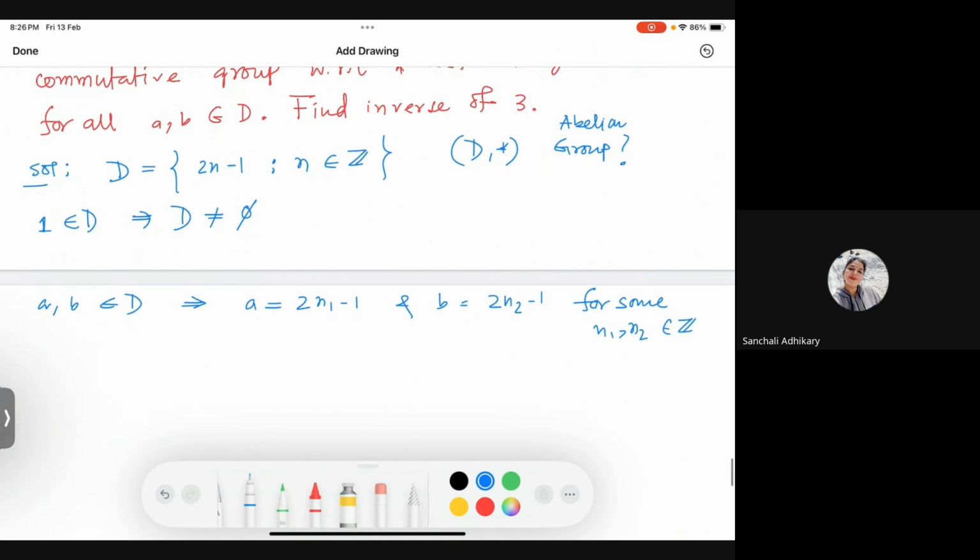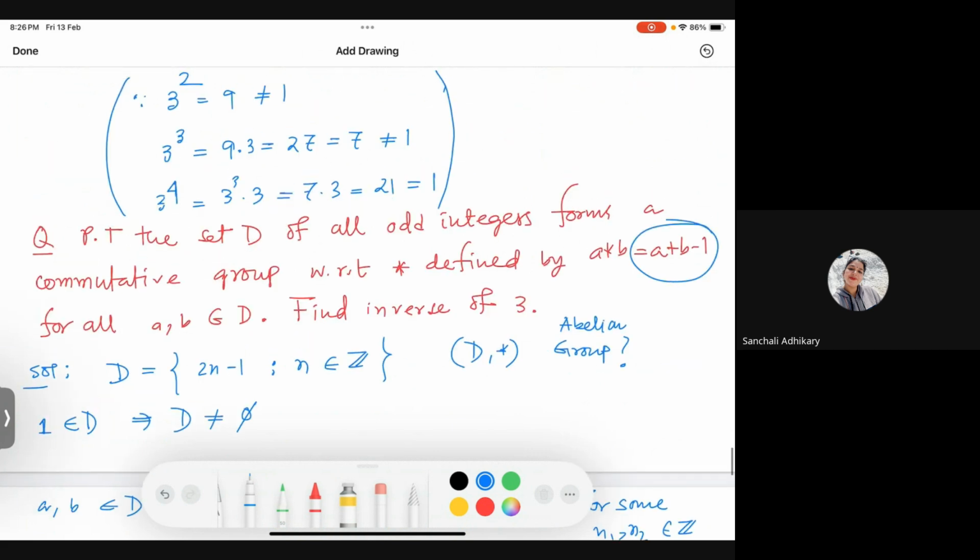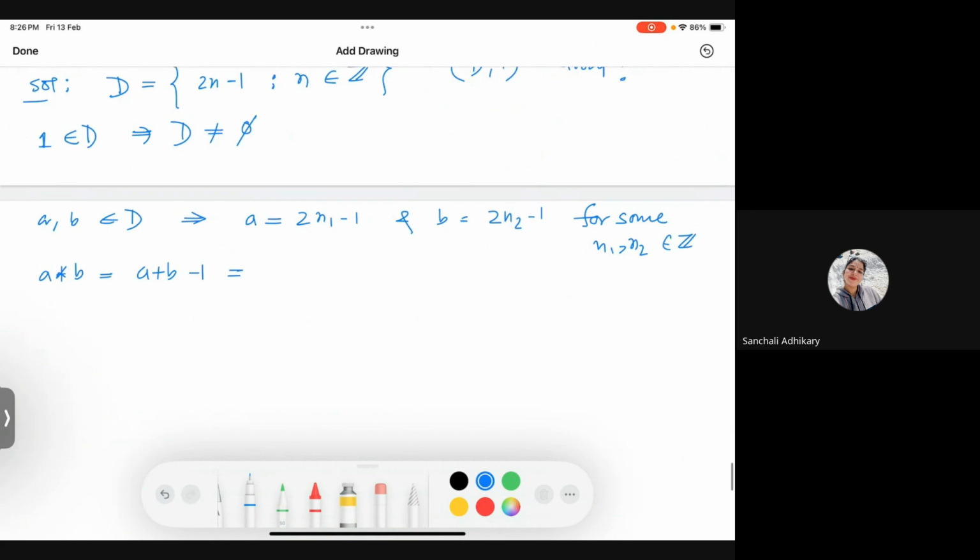Now, what is A star B? A star B is A plus B minus 1. This operation is given, na? So A plus B means 2n1 minus 1 plus 2n2 minus 1, and minus 1. So here we have 2 into n1 plus n2 minus 1, if you add these two, and again minus 1, right?